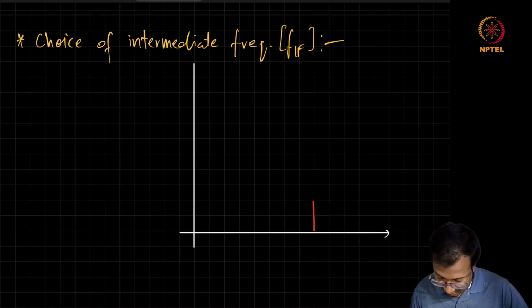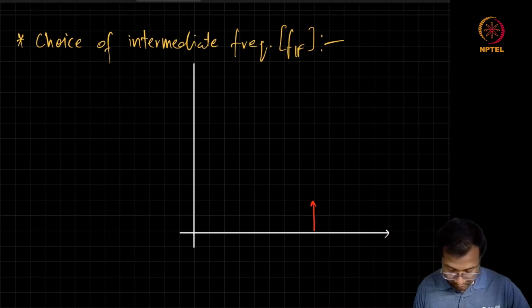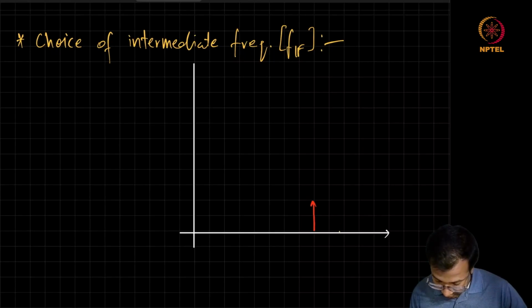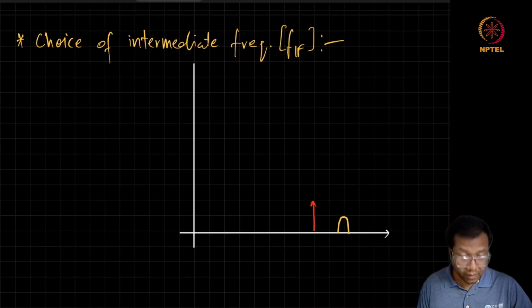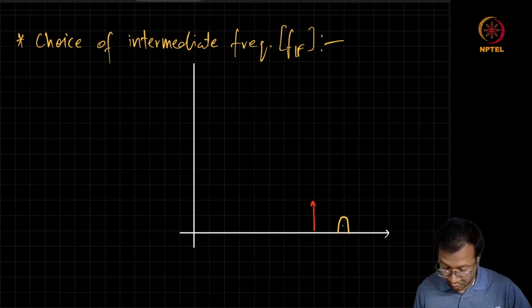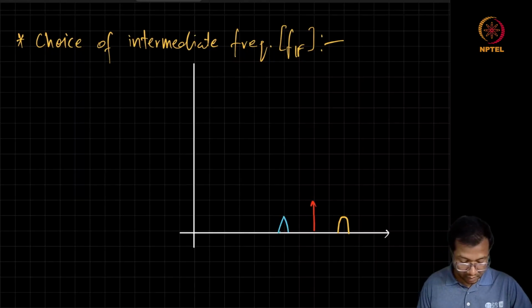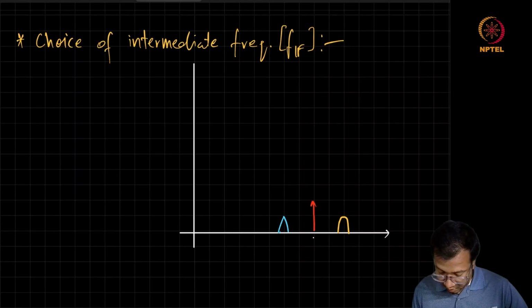Let's say this is the low frequency, and here is a channel which needs to be down converted for channel selection. In addition to that, we also have an image frequency and some signal at the image frequency.